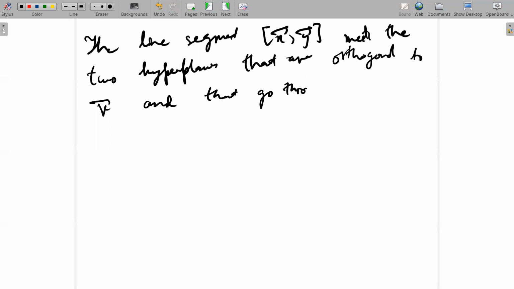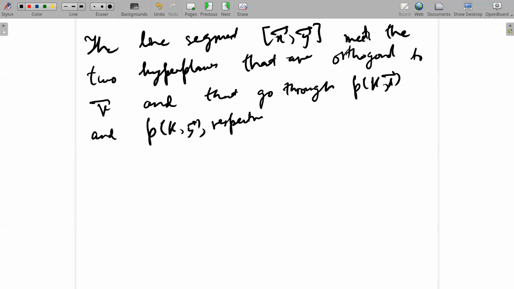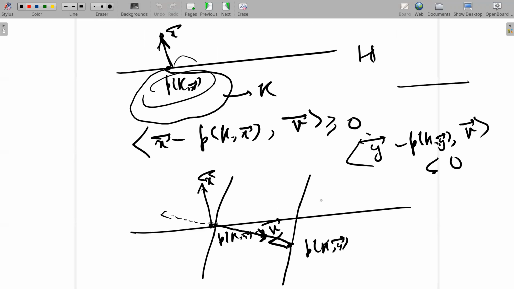I have already drawn the picture; I'm just writing that out in words. Just look at this picture. I have x here, P_K x here, P_K y is here. These are the two hyperplanes we're talking about. It looks like a line, but in general you're taking all points that are orthogonal to v and pass through P_K x, and here all those points which are orthogonal to v and pass through P_K y.